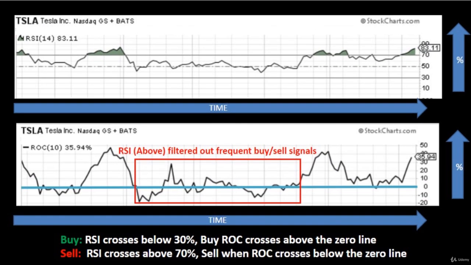Now, if we look at these together, one thing you'll see is how in the ROC it goes above and below the zero line pretty frequently there in the middle. That's that whipsaw effect, where it's whipping above and below the line, causing a lot of frequent buy and sell signals. And the RSI above does not have that. Remember, the RSI is at 70 and 30. If you look at that same part of the chart, there are no buy and sell signals.